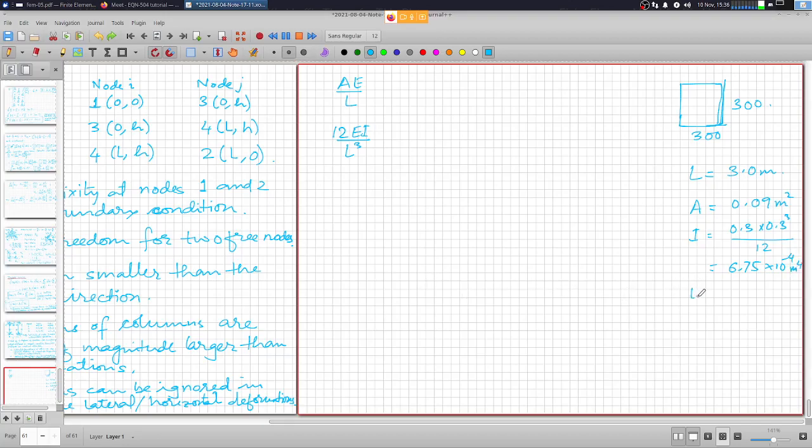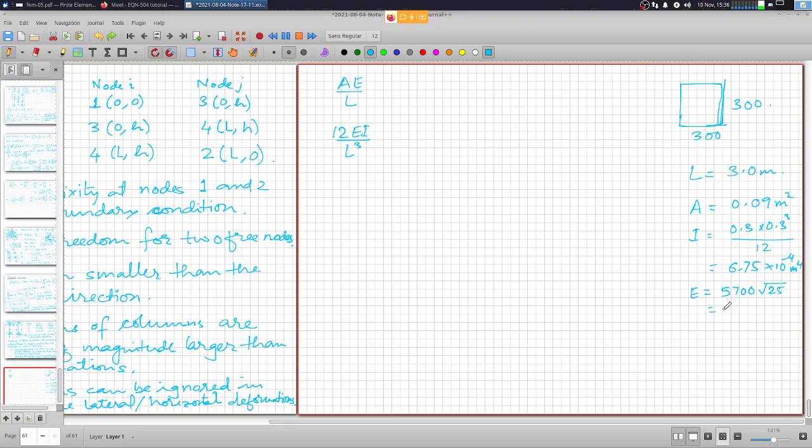And E is going to be, let's say, 5700 multiplied by root M25 just for simplicity.